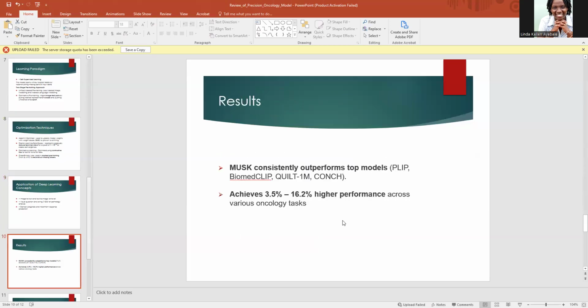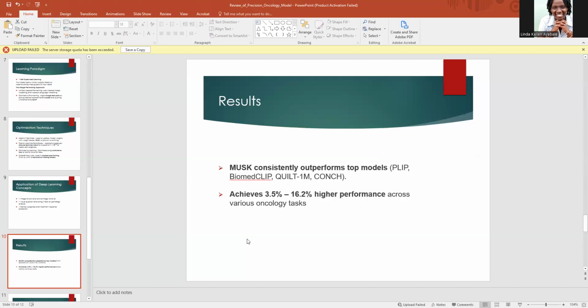For the results, it was applied on 6 different tests, and there could be so many if I put them here, so I just summarized all of them. It outperformed the models used to validate it, which were PLIP, BiomedCLIP, Quilt1M, and CONCH.